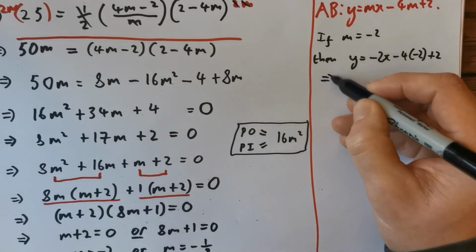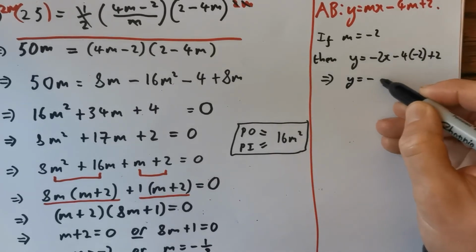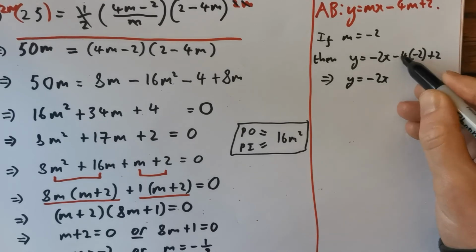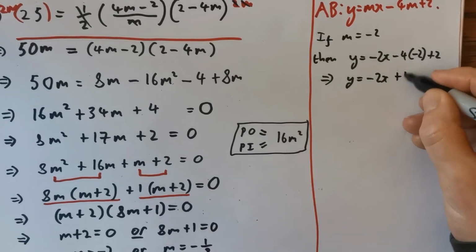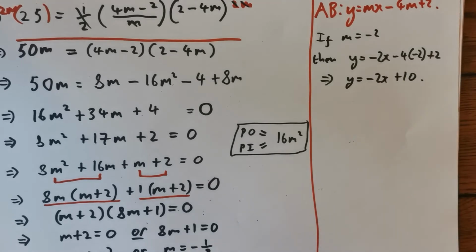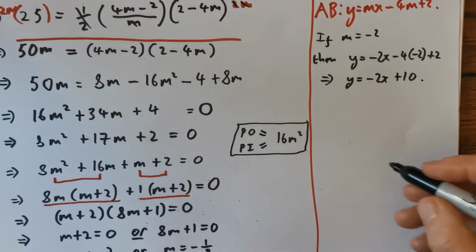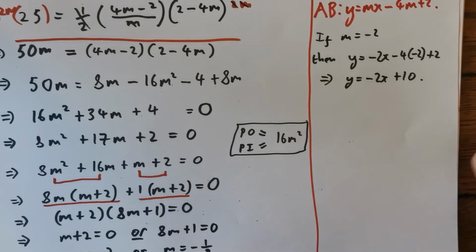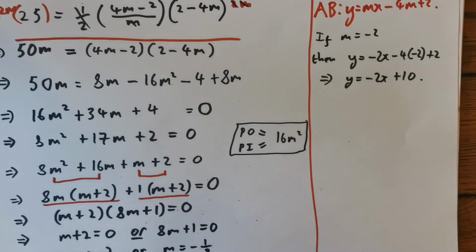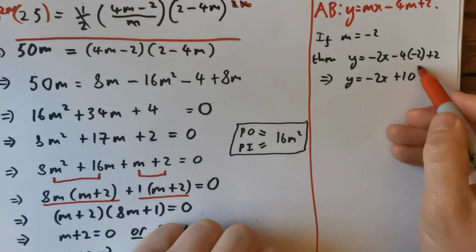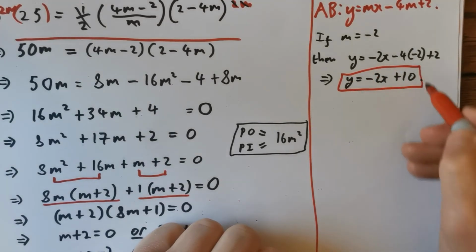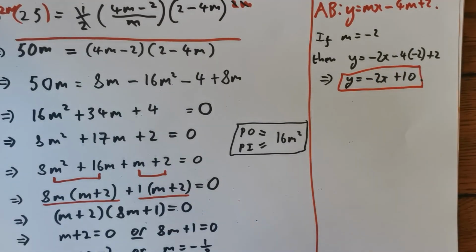And then simplifying that, y would be equal to negative 2x plus 8 plus 2, that's plus 10. Okay, so there's one possible value for the line passing through the points A and B. y equals negative 2x plus 10.